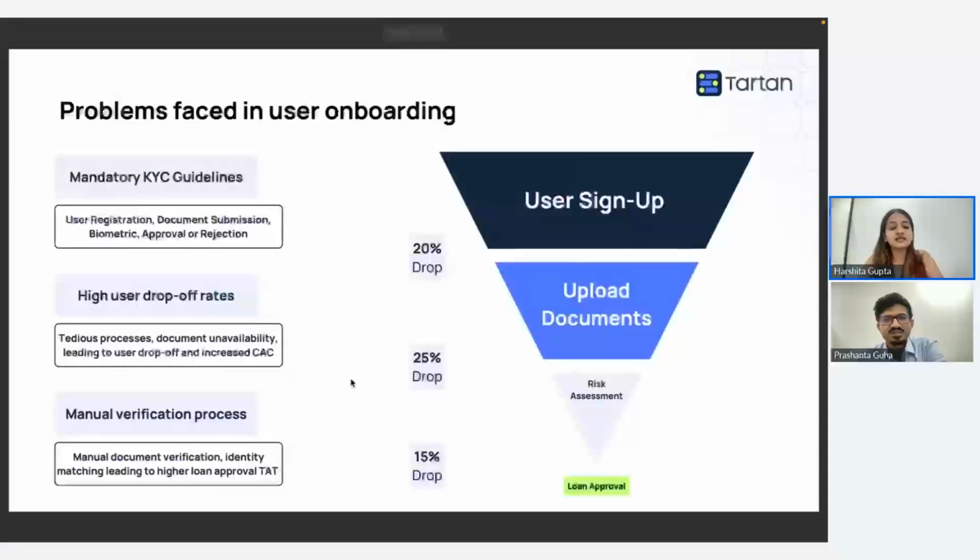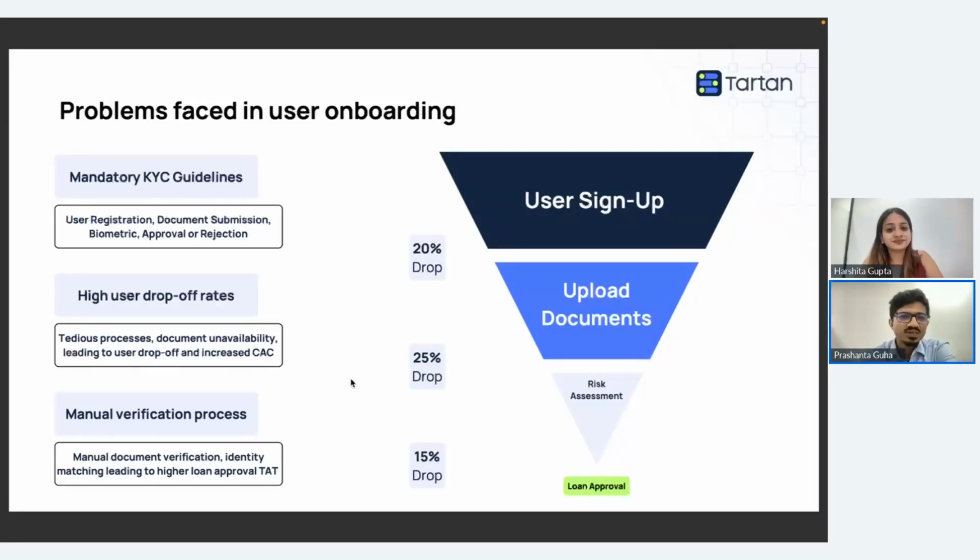Can you please start by telling the users about the problems in the current user onboarding and lending? Sure. So, good afternoon, everyone. Today we'll talk about how we can remove the friction points that users generally face in the lending industry.